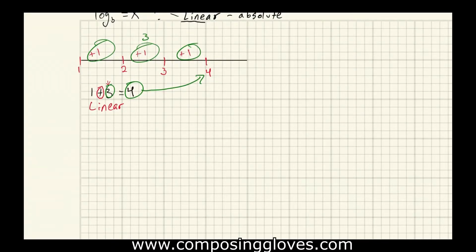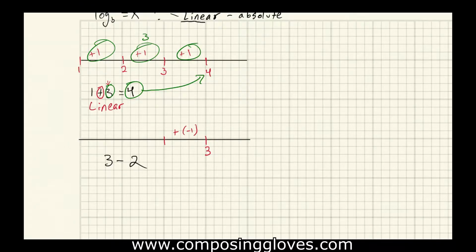Let's say that I asked you to express 3 minus 2. Well, that's easy enough. We start at the point 3, and then we go plus -1. So you can view it as addition as well.